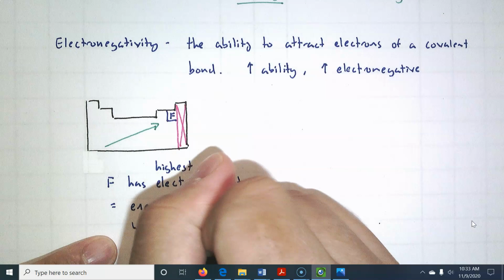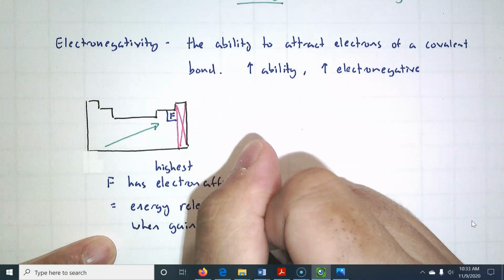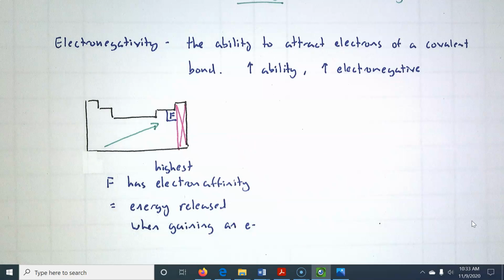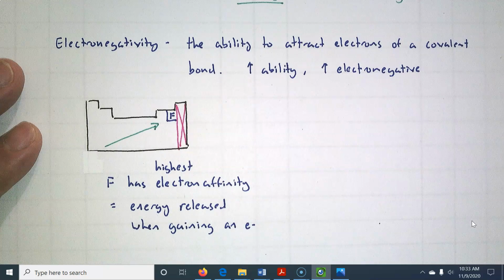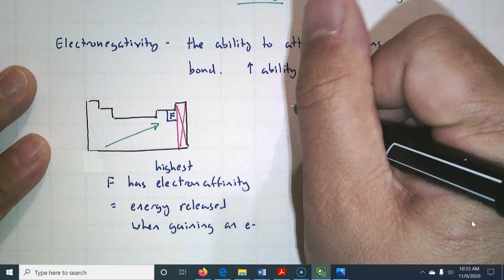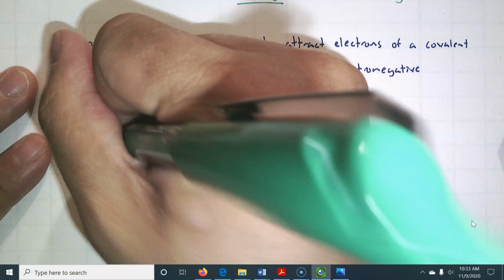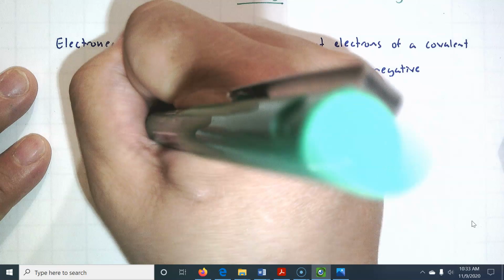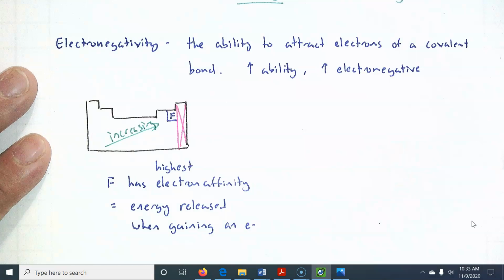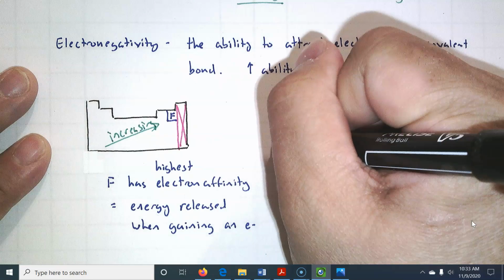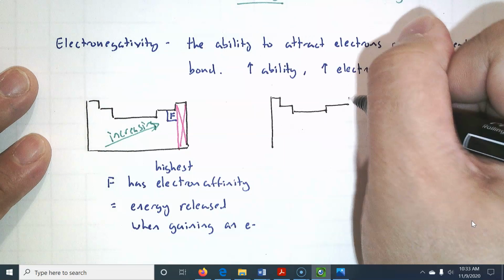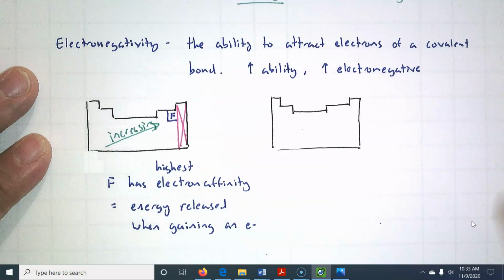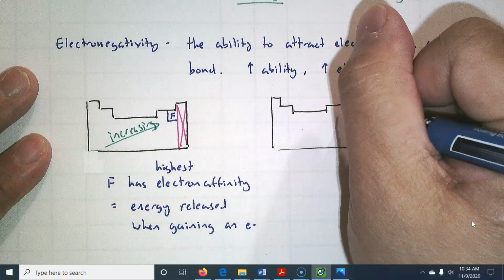Well, electronegativity has the same trend. Again, this is increasing. And again, we are going towards F.